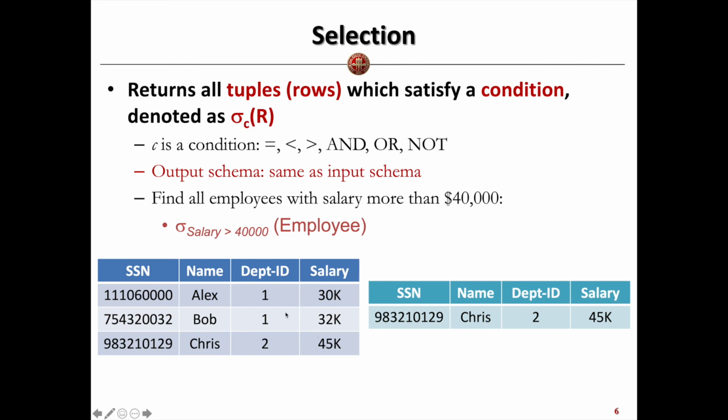Among all the three records we have in this employee table, we only have one single employee, Chris, whose salary is larger than 40K. Then we can add this record into the output relation: Chris, with salary 45K, meeting our requirements. This will be returned as the result for this query.